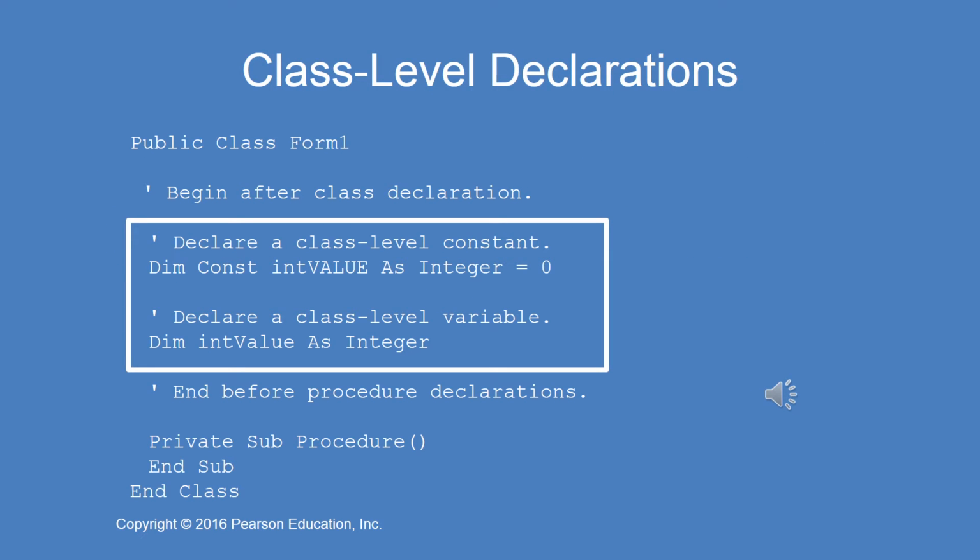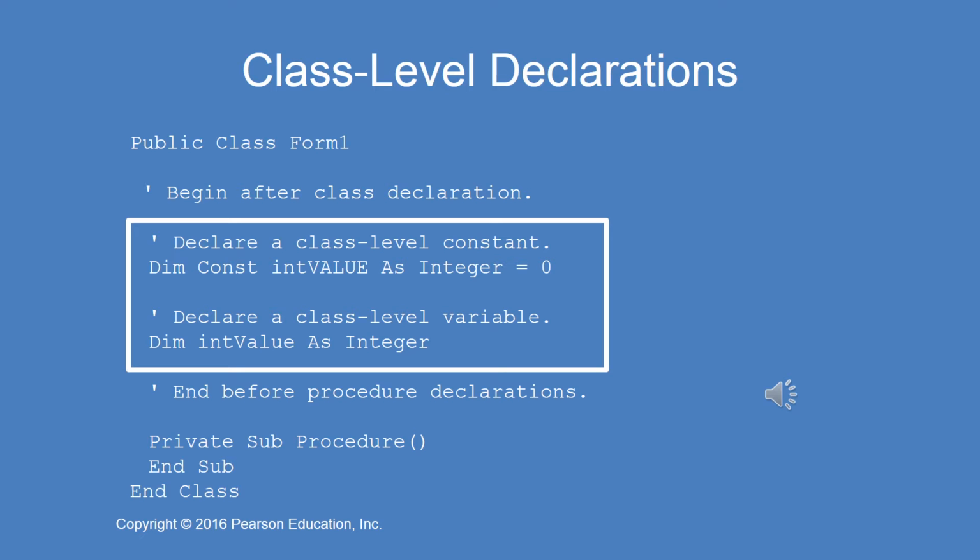So we want to declare class level variables at the beginning of the declaration of the class. So here we're declaring a public class Form1, and then we start to declare our class level variables.